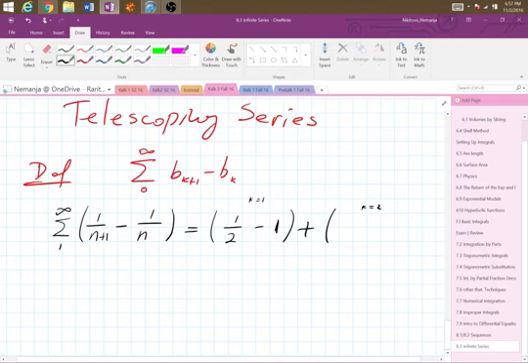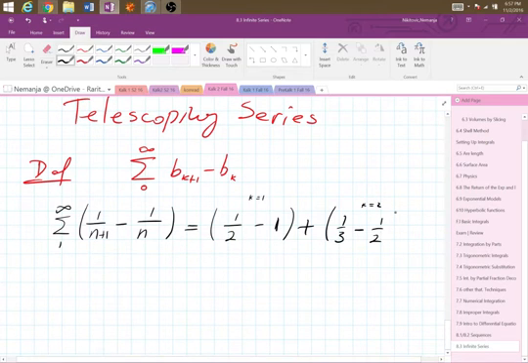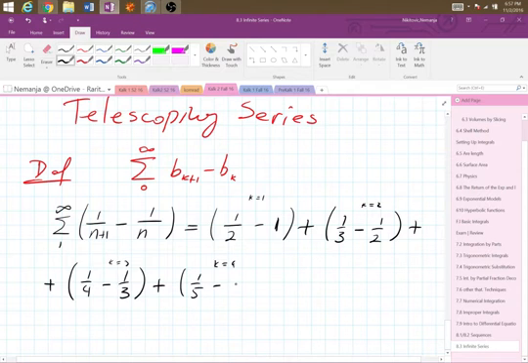I get 1/3 minus 1/2. Then the next one, 1/4 minus 1/3. Then the next one, k equals 4, 1/5 minus 1/4. Plus dot, dot, dot, and it's going to go forever.